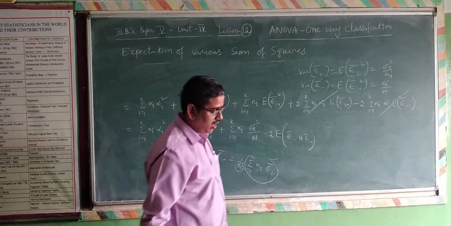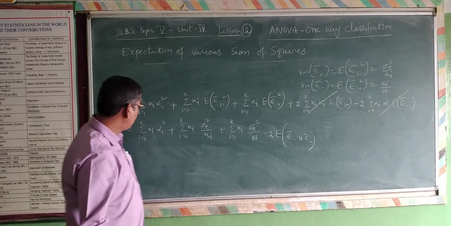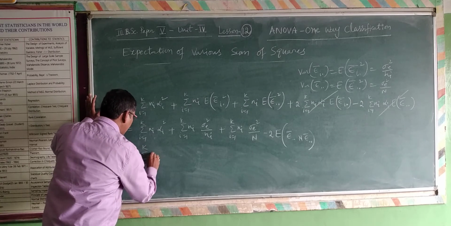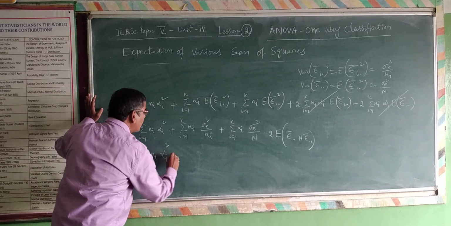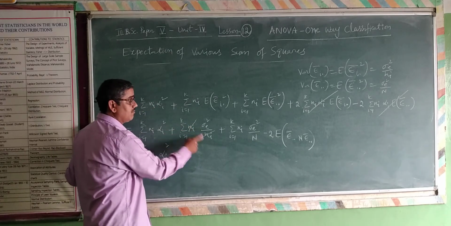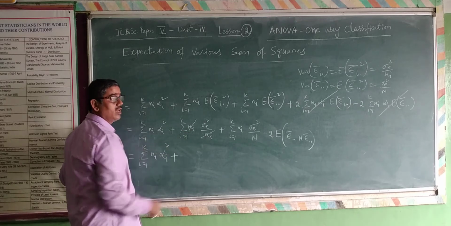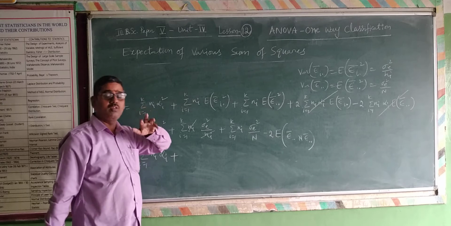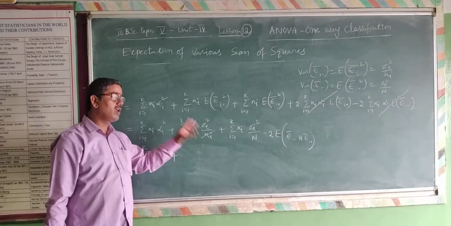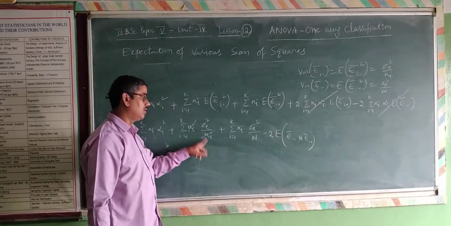So now it is equivalent to summation i equals 1 to k, Ni into alpha i square plus, I am cancelling Ni. You see here, remember, since this is also Ni, whether it is in the summation over i or outside the summation, if any particular Ni is outside the summation, we should not cancel. This is also in the summation, both the terms.